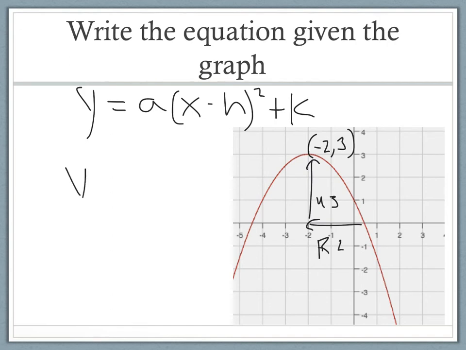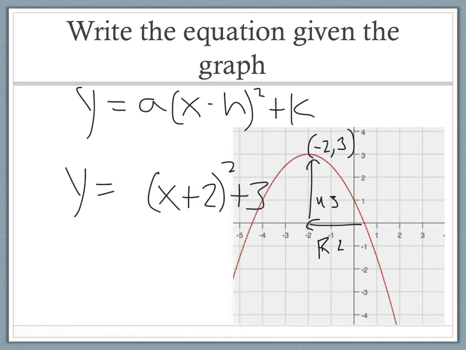So when I go to write this, sometimes I just like to set up this part first. Okay, so I'm going to have x right 2, so it's going to be plus 2, or think x minus a negative 2 would be plus 2. And my k is 3, so plus 3, or I went up 3.